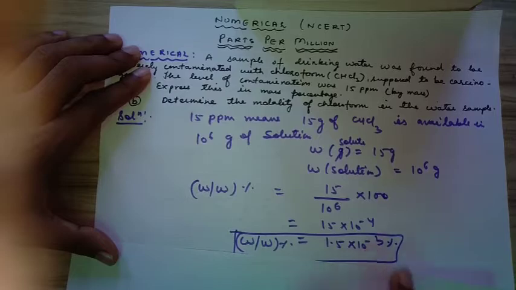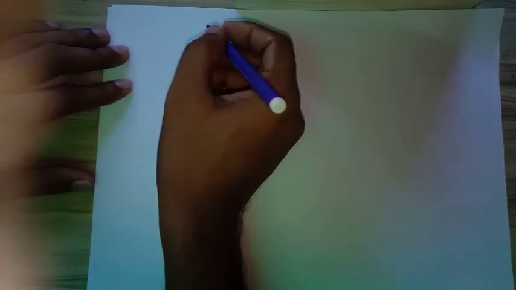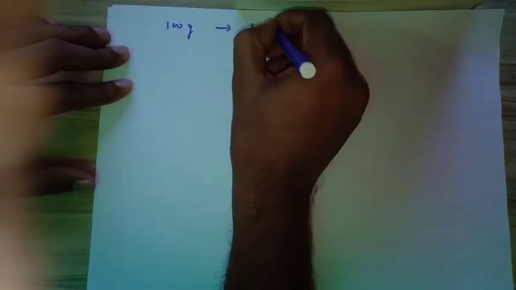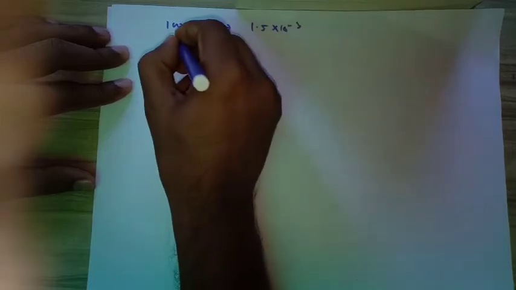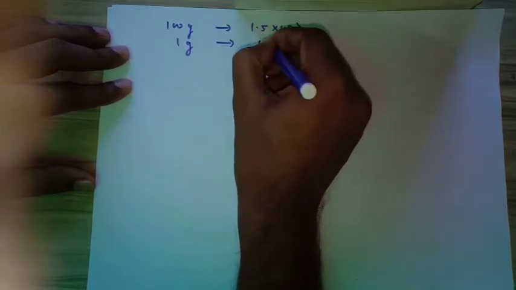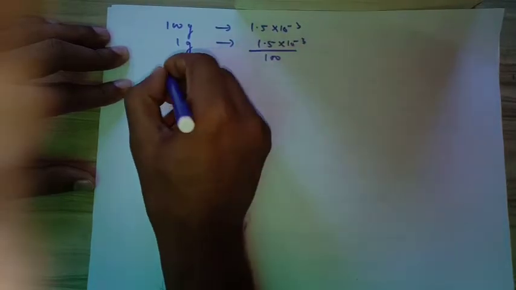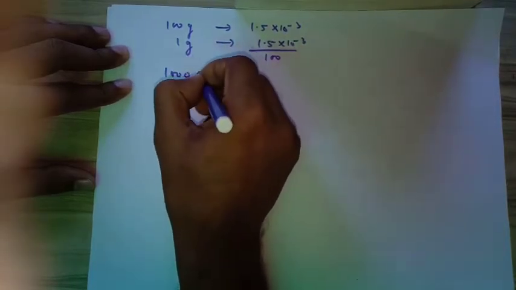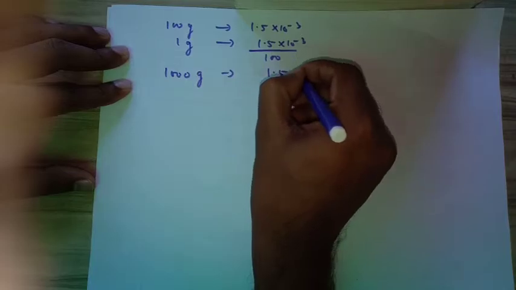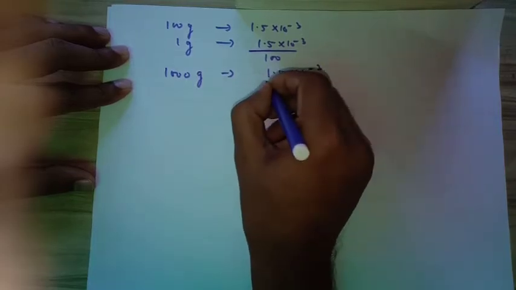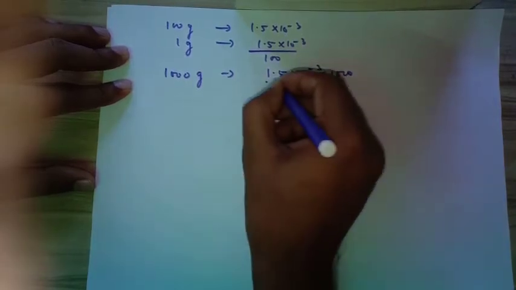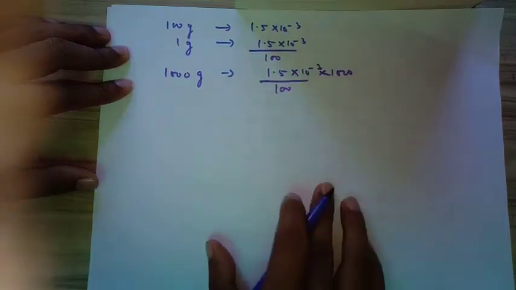So 100 gram contains this amount. So if we say that 100 gram of sample contains 1.5 into 10 to the power minus 3, then 1 gram will contain 1.5 into 10 to the power minus 3 by 100. So 1000 gram will contain 1.5 into 10 to the power minus 3 into 1000 upon 100.